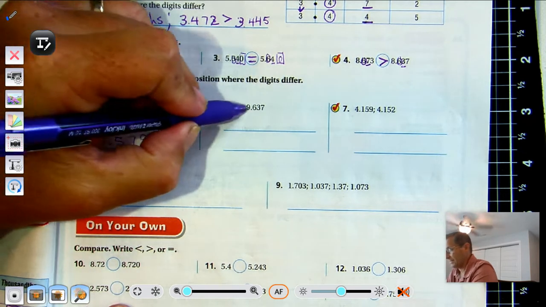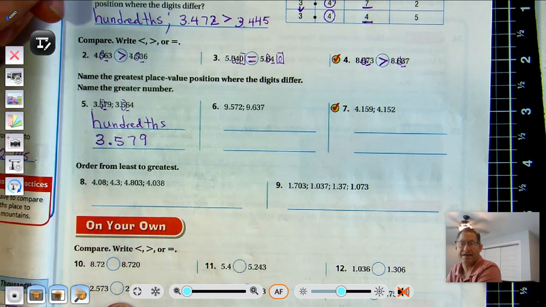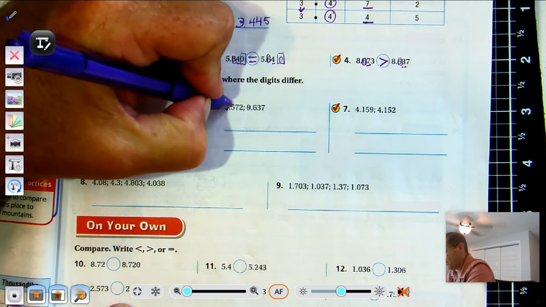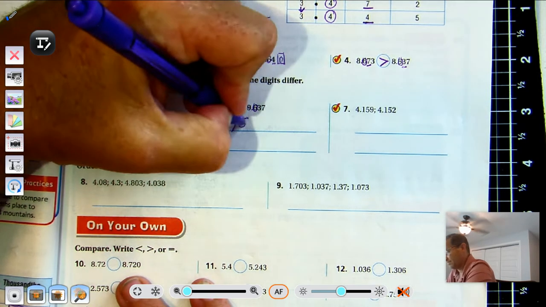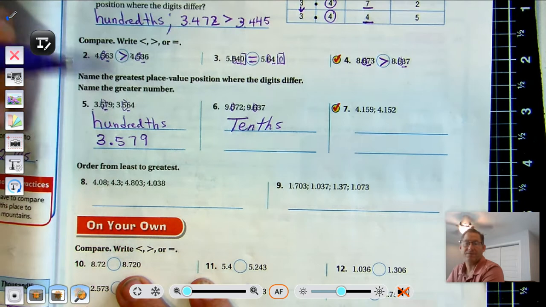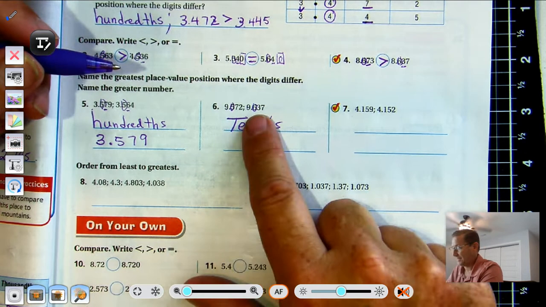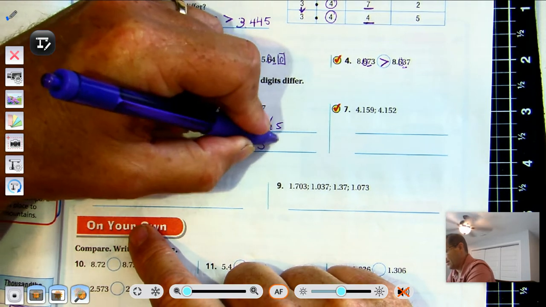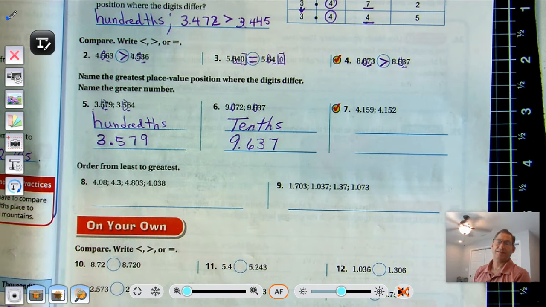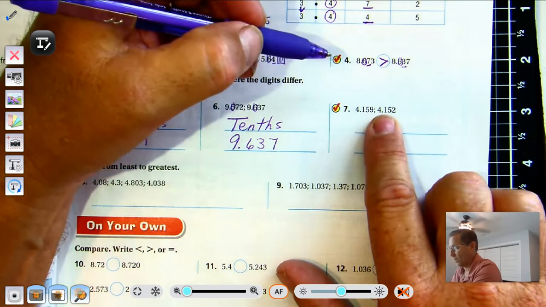Number 6, the 9s in the ones place are the same. 5 tenths, 6 tenths. Okay, well, we already have a difference in the tenths place. 6 tenths is bigger than 5 tenths. So 9 and 637 thousandths.